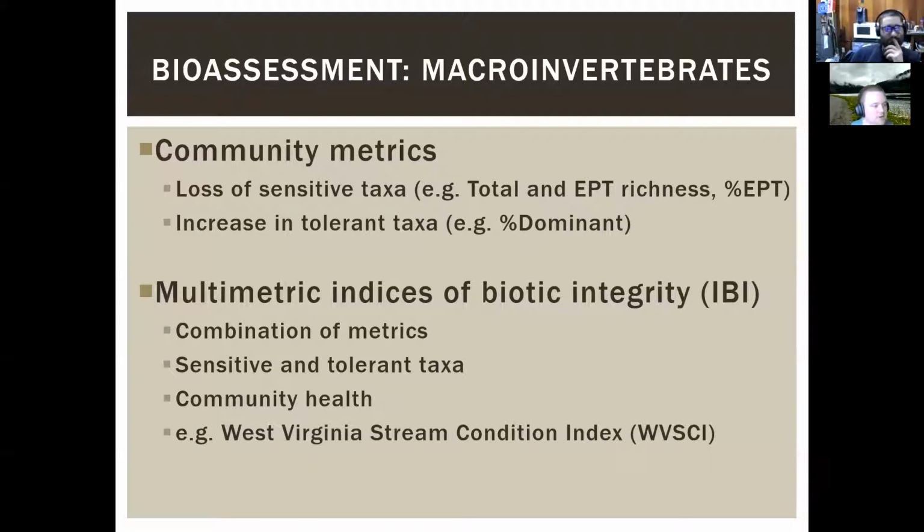You're going to identify the key biological attributes that are changing in the stream that you're concerned about. Then you'll choose metrics based on species diversity, the functional feeding group representation, or the abundance of pollutant tolerant or intolerant species that will respond to changes in those.